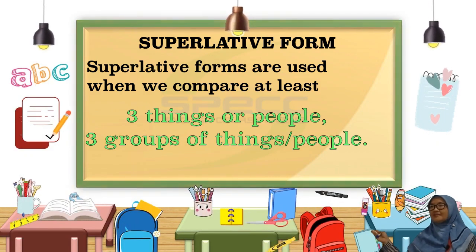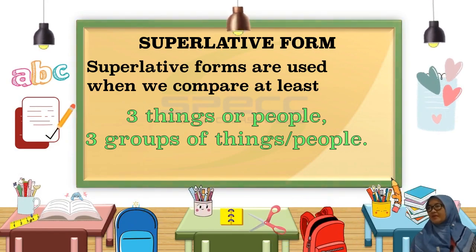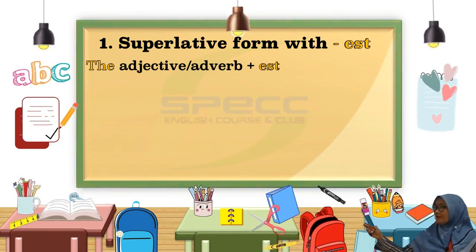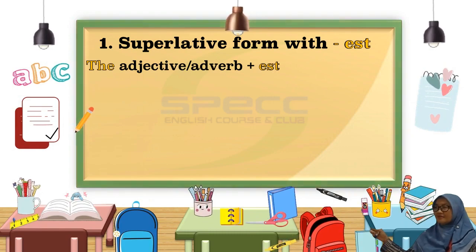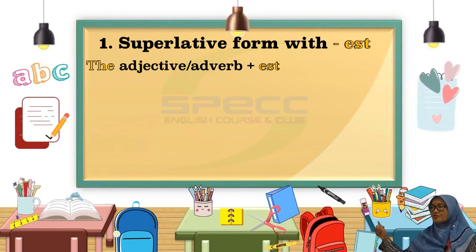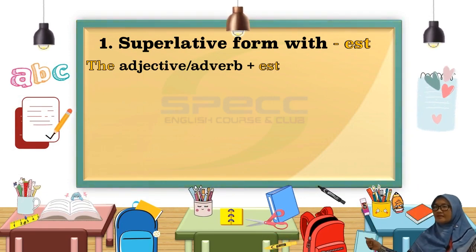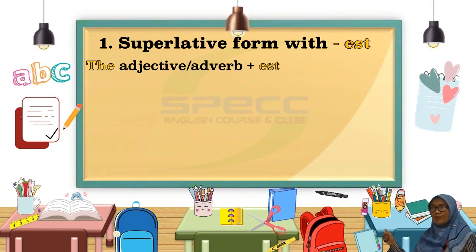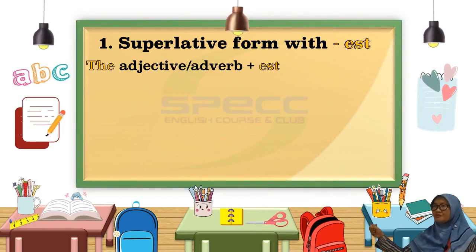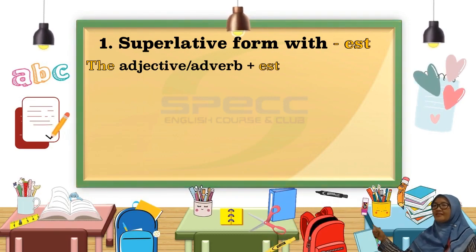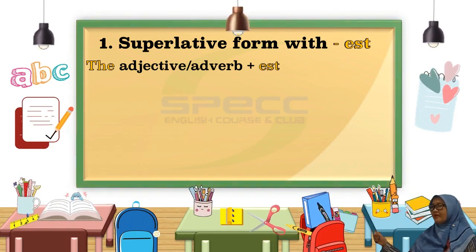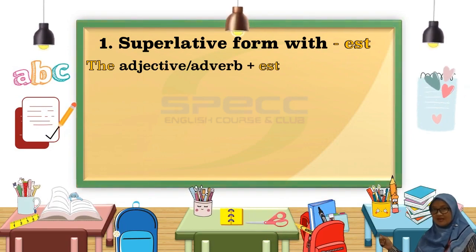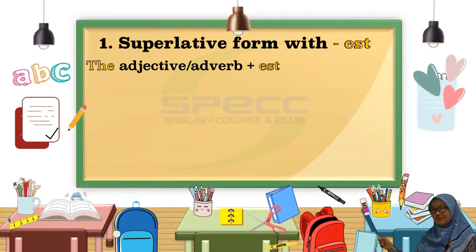The same as the comparative form, we have this kind of form, superlative form, with adjective or adverb plus -est, while the comparative form uses -er, and the superlative form has -est after the adjective.